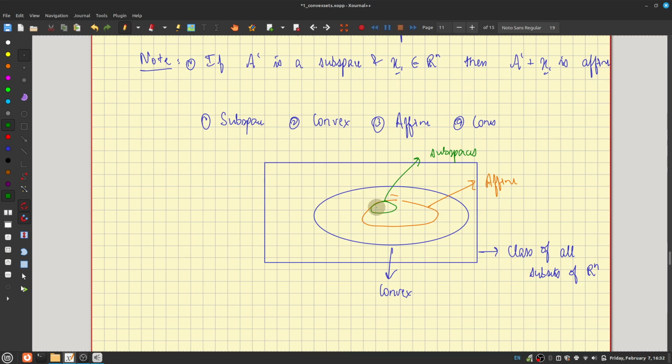There's a specific reason why I'm going through all of this difficulty. So we have cones which need not be convex. But what about affine sets? Is every affine set guaranteed to be a cone?